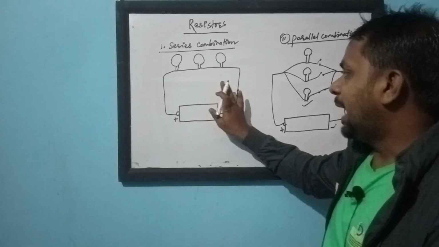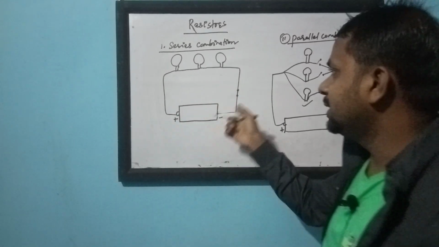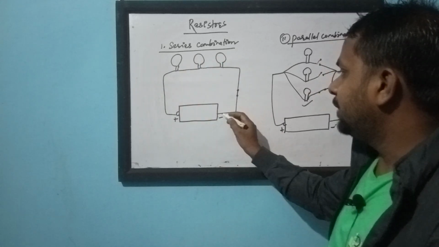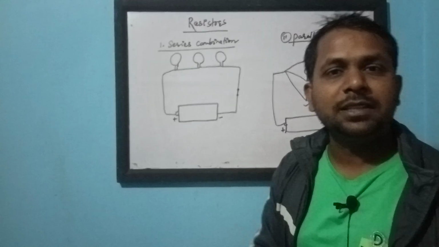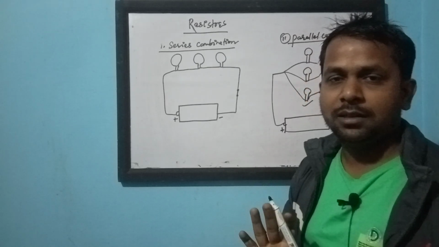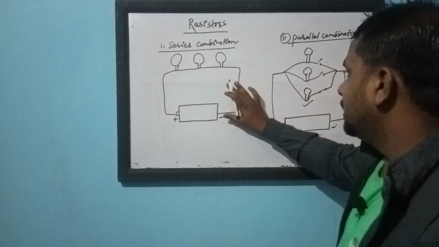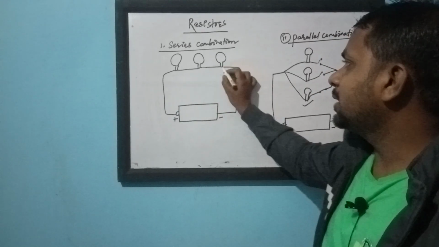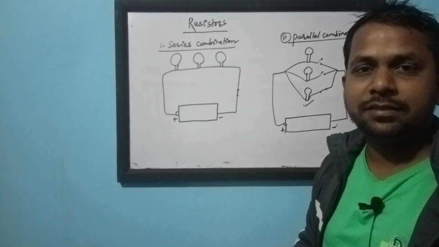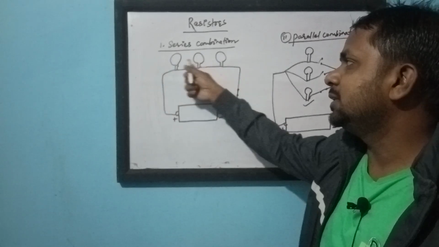And here, the value of current across this circuit remains the same, but the potential difference across the resistors will be different according to their capacity.